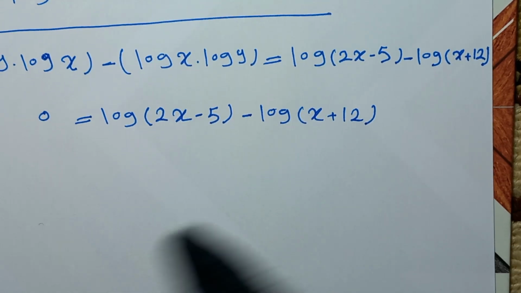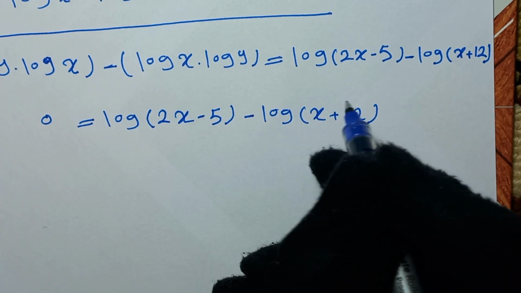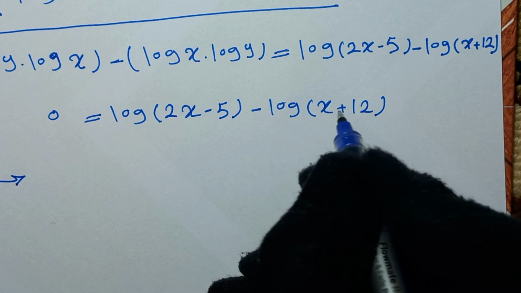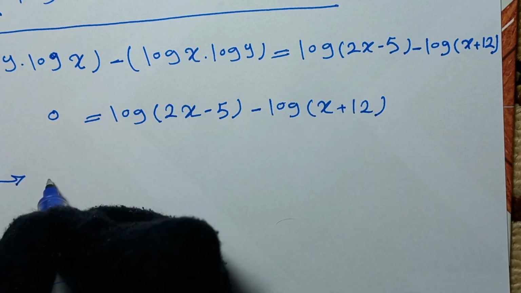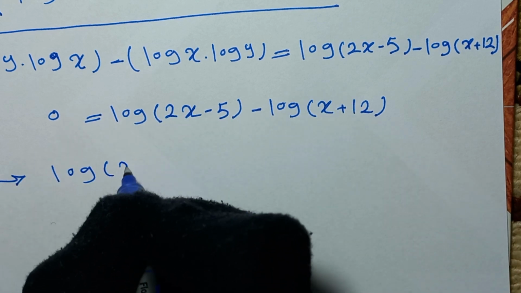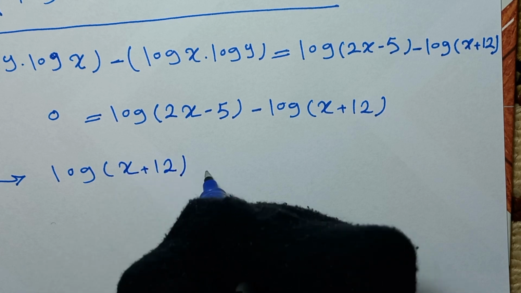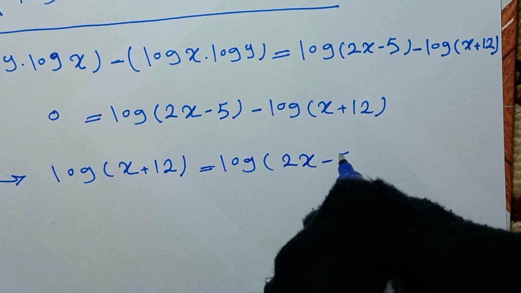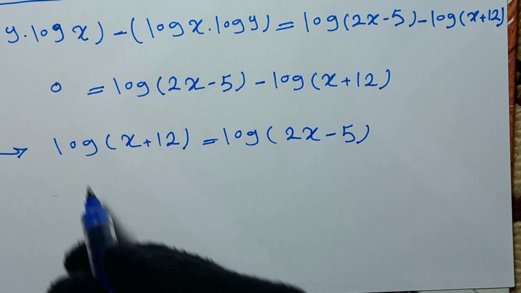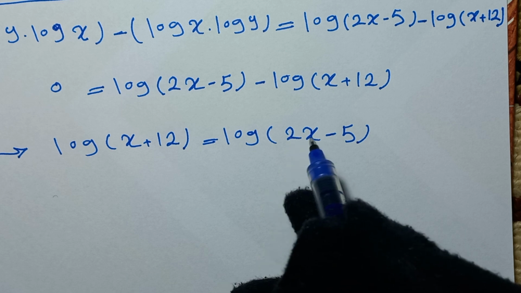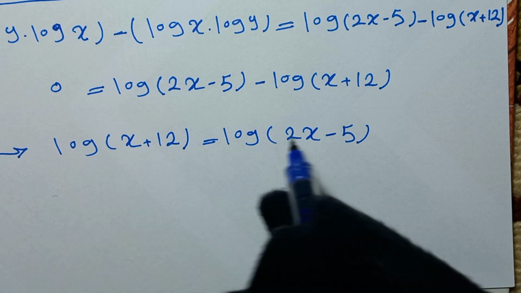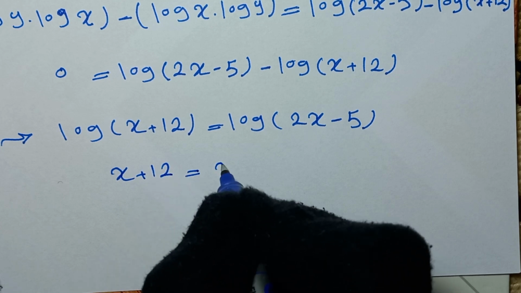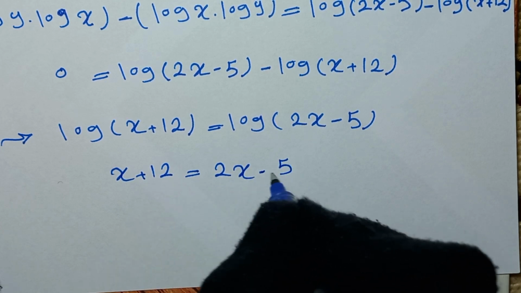In the next step, we take this log x plus 12 to this side, and it will be positive log x plus 12 is equal to log 2x minus 5. By comparing both sides, we can write x plus 12 is equal to 2x minus 5, right?